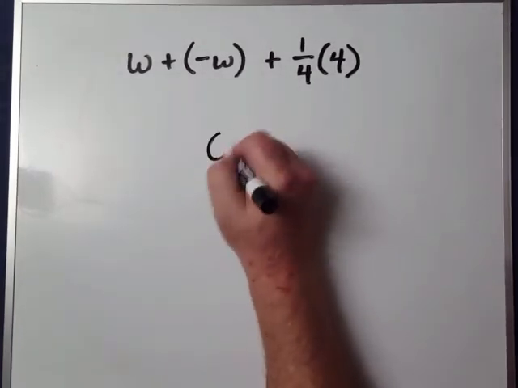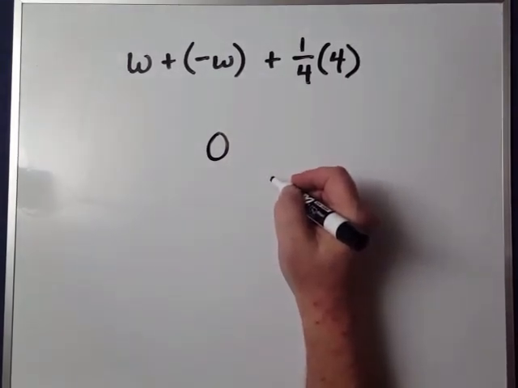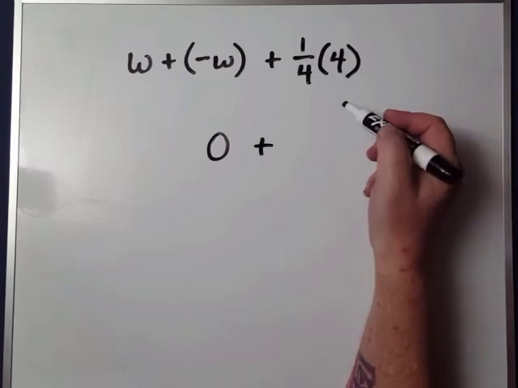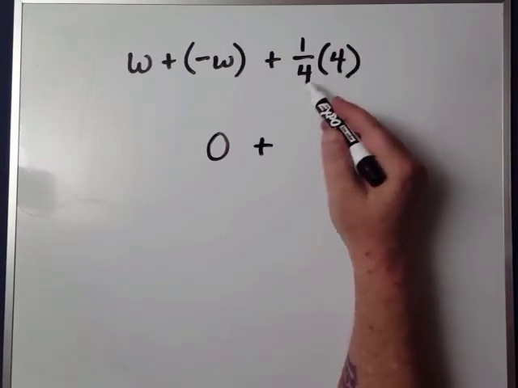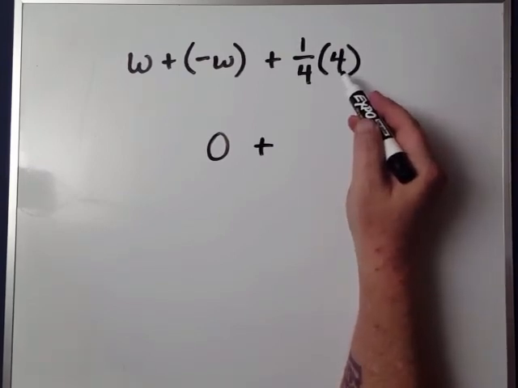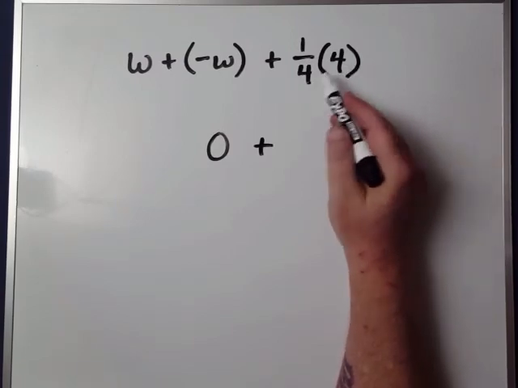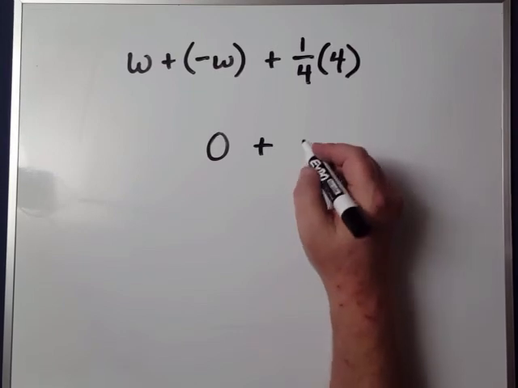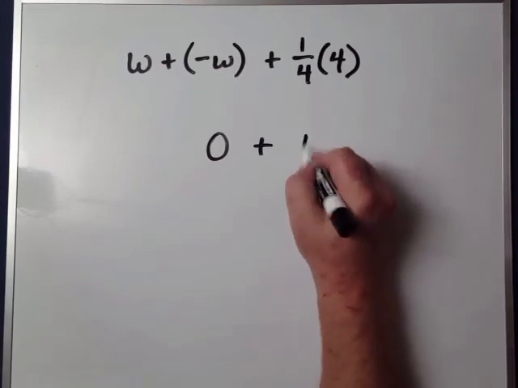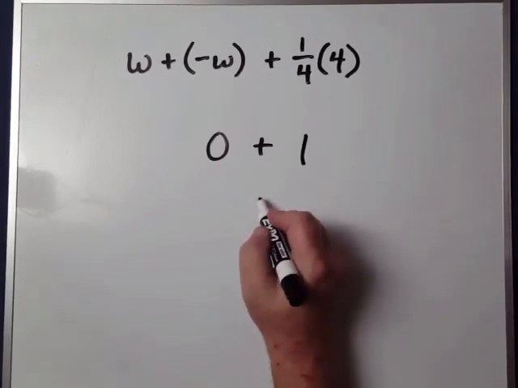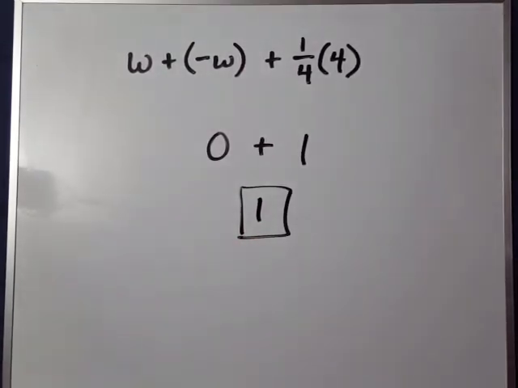They subtract out to nothing, 0. And plus 1/4 of 4. 1/4 times 4, those are reciprocals, multiplicative inverses. And so they will cancel, but we're multiplying. So when I say they cancel and leave nothing, what nothing am I talking about? The multiplicative nothing, which is 1. And then finally, 0 plus 1 is 1, nothing to it.